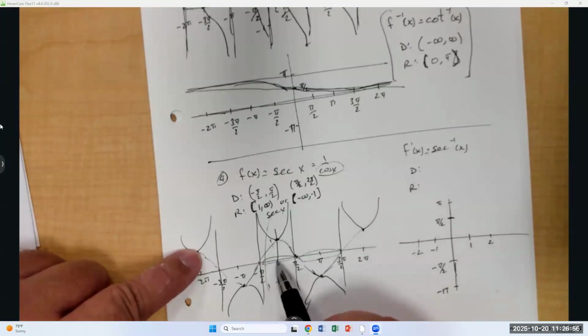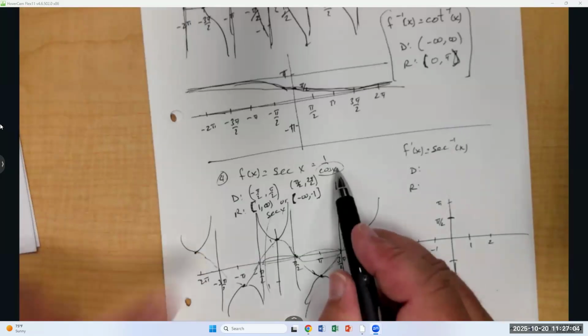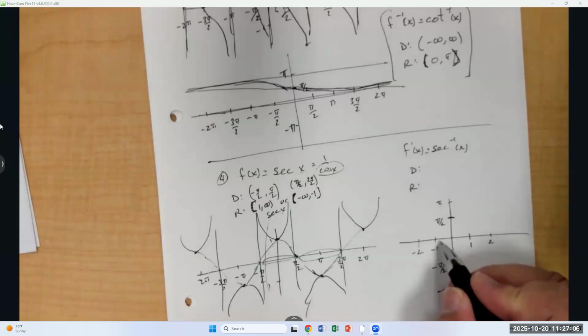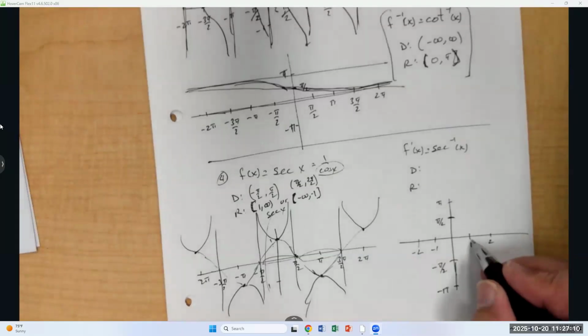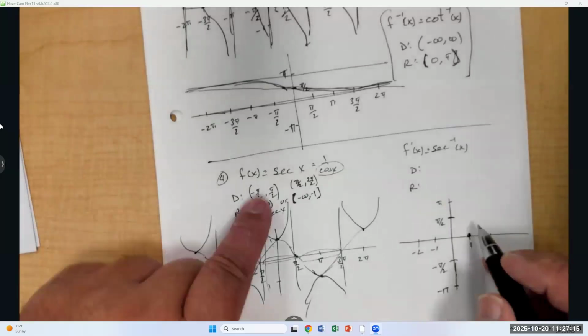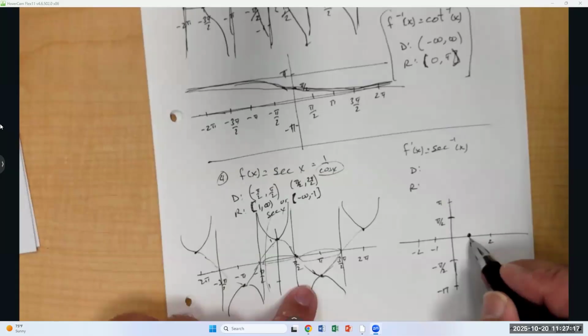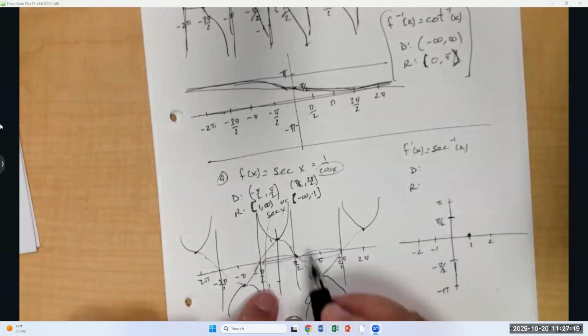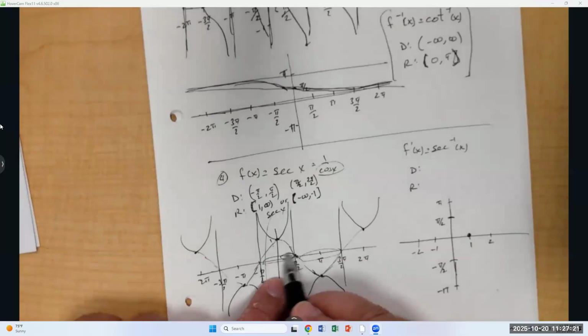It's equal to 1 at 0, but I can't really use that because I can't have 0 in there. It's 1 over 1, which is 1. So where is it? Positive 1. When y is 0, x is positive 1, and it's bounded by pi over 2.